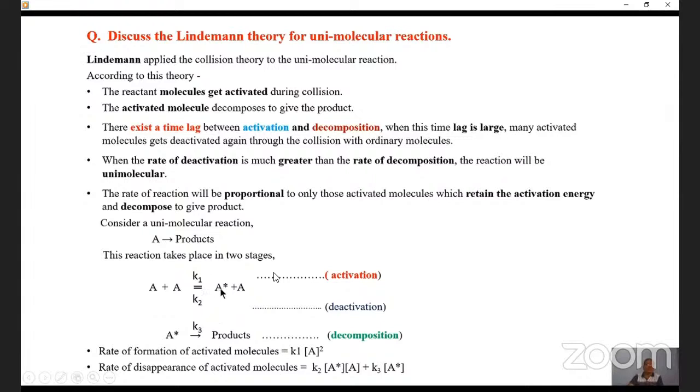See here, the formed activated molecule disappears in the reverse reaction in the first stage and in the forward reaction of the second stage. So rate constant K2, the rate of disappearance of this activated molecule depends upon its own concentration and the concentration of A. So therefore K2 concentration of A into concentration of A star plus K3 concentration of A star.